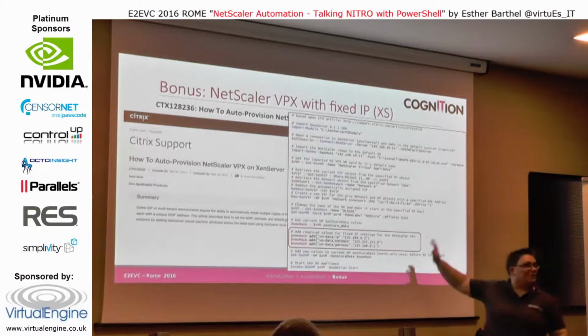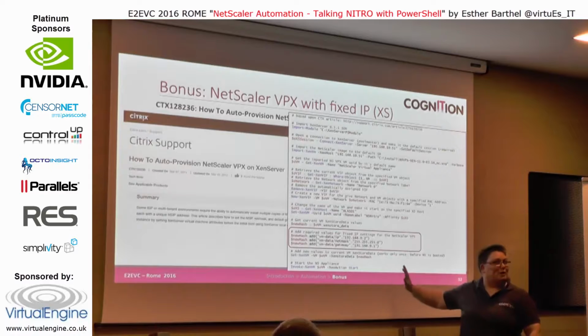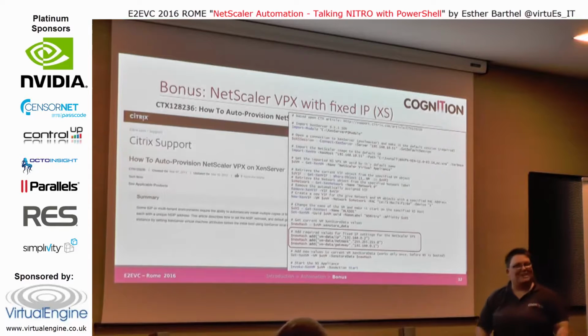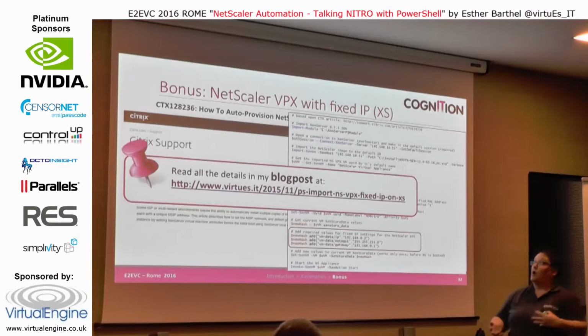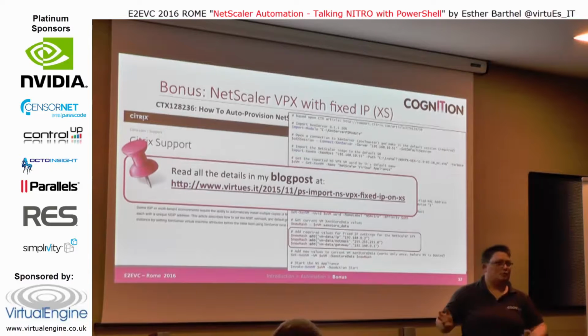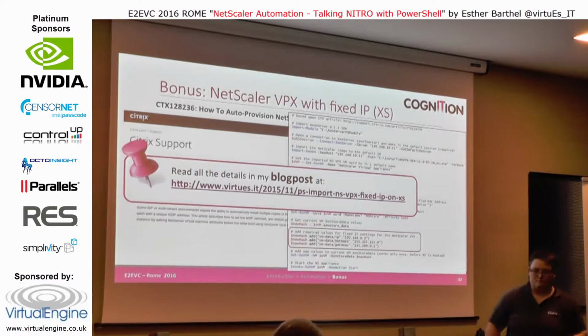And I hope Todd is not actually checking my code, because he'll probably have a few pointers for me. And for those of you who are interested in it, I made sure that there's a blog post on my website to share that script with you as well.